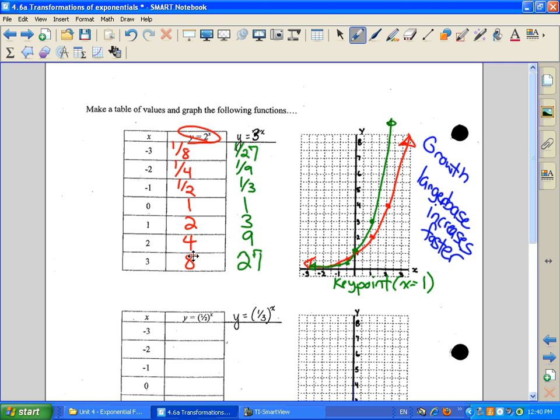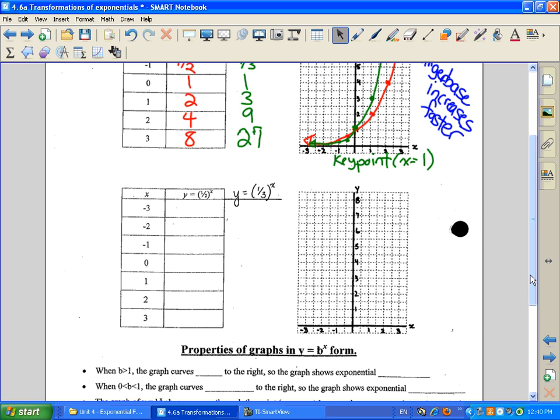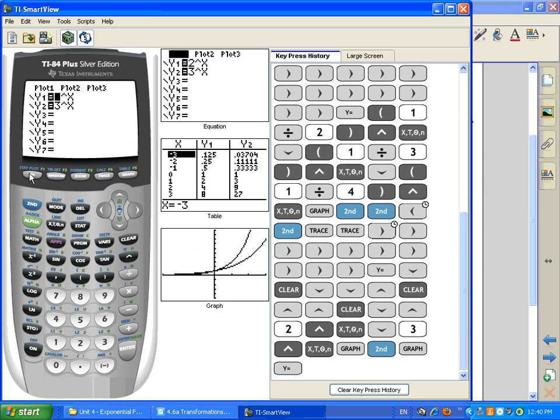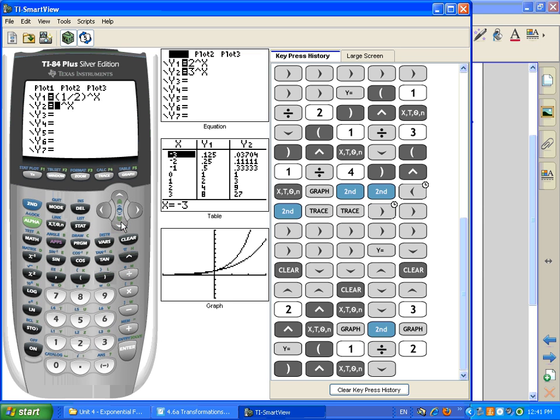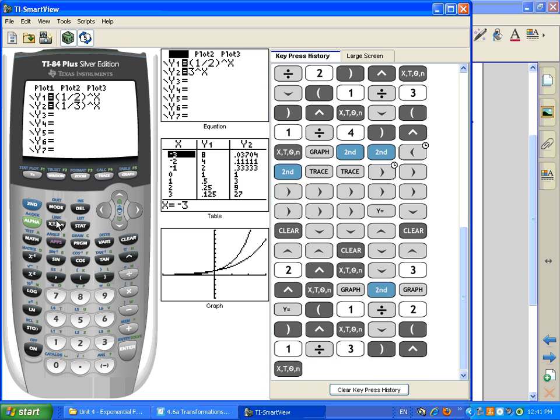Okay, let's take a look at the other two and compare these two graphs. So we go to our graphing calculator, we plug them in. So 1 divided by 2 to the x, and 1/3 to the x. Okay, let's graph these two.